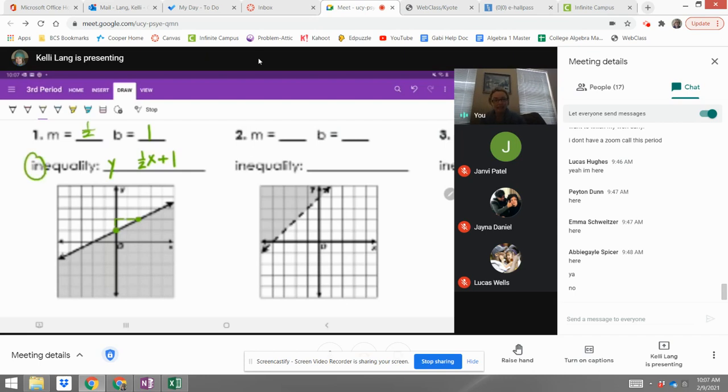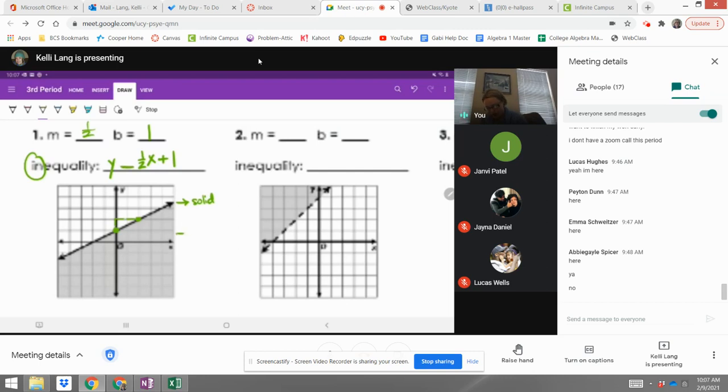So I need to use an inequality sign, and I'm going to use the picture of the graph to help me figure out what type of sign to use. This is a solid line, so that means my inequality is going to have an equal to component. So I'm going to go ahead and put that on here.